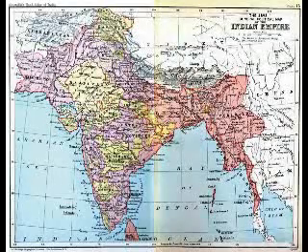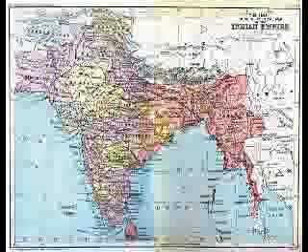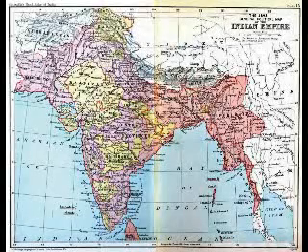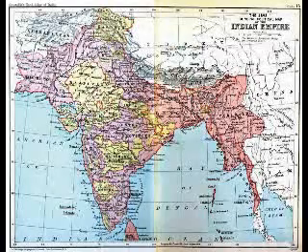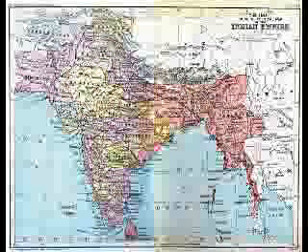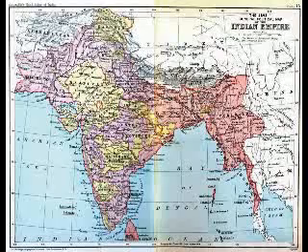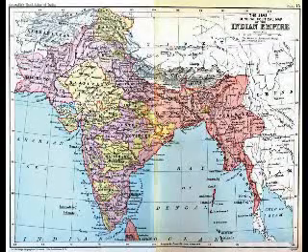The British government took the position that with their departure and the lapse of British paramountcy, the Indian states became legally independent entities.